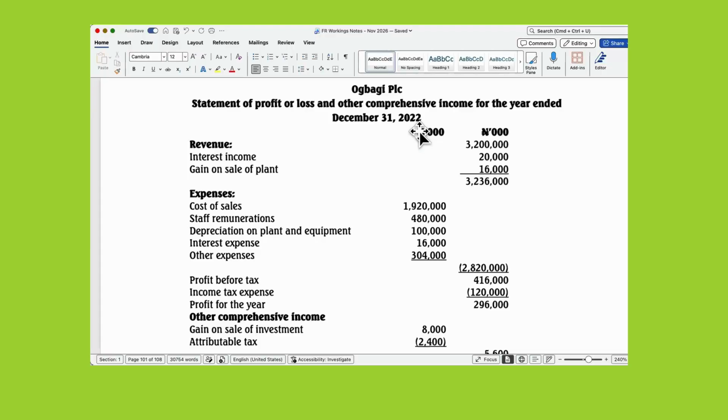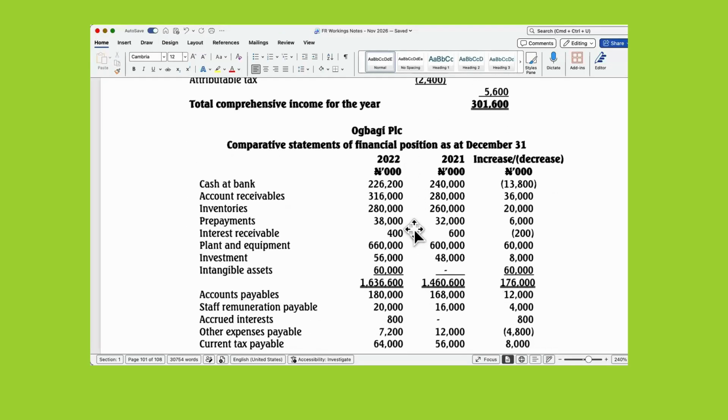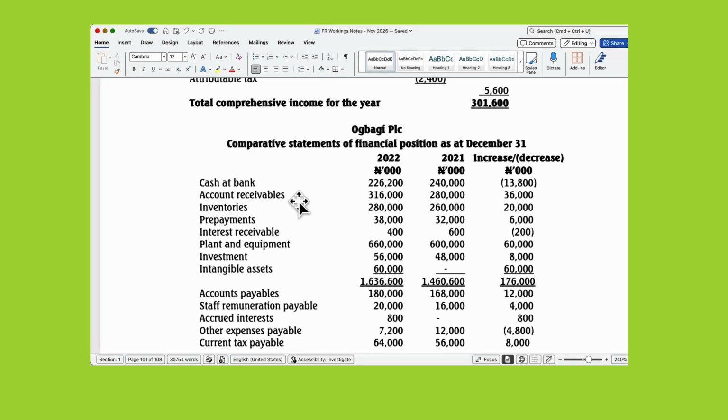I just need to know what is my receivables for the year. Not the cumulative receivables, but for the year, which means I need the increase in receivables, specifically trade receivables. And where do I get that? My statement of financial position. And that happens to be the second item here, account receivables.